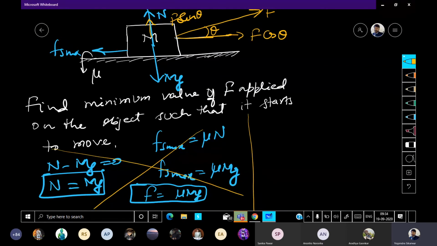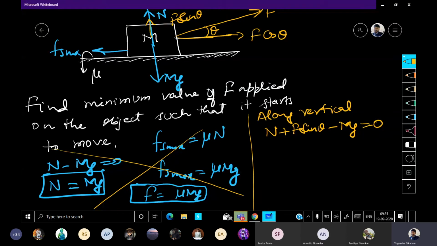Okay. So along vertical, what you can see is N plus F sin theta, this is along vertical, minus mg, and it is equal to 0. Why?